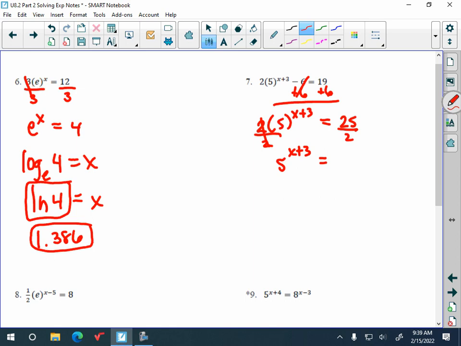Because if it goes on forever, then you're trying to round in the middle of a problem, and we only round one time, and that's at the very end. So don't try to round in the middle. So again, if this goes on forever, just leave it as the fraction, 25 over 2. But this decimal does stop, so it's probably easier to work with decimals if you can. So we can just convert that to 12.5.